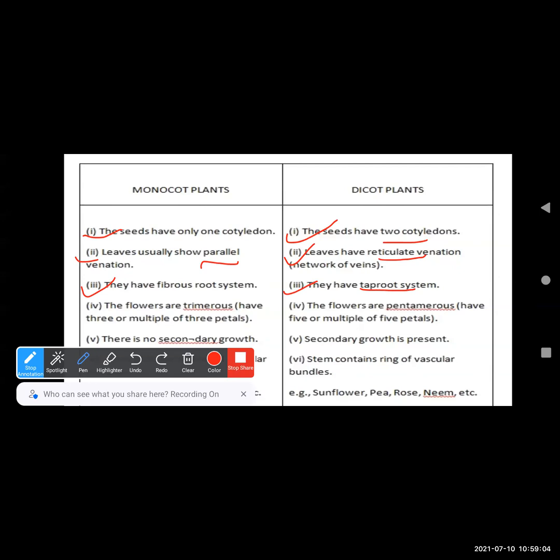In monocotyledons, the flowers are trimerous, that is, they have 3 or multiples of 3 petals. And here the flowers are pentamerous, having 5 or multiples of 5, maybe 4 also, petals. Then here there is no secondary growth, and here secondary growth is present. That means dicotyledonous plants are big enough.